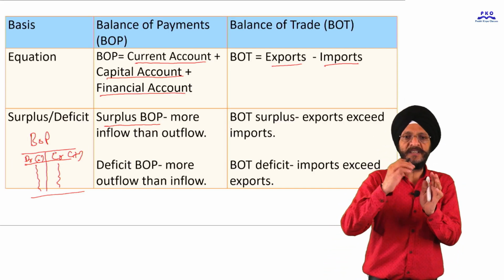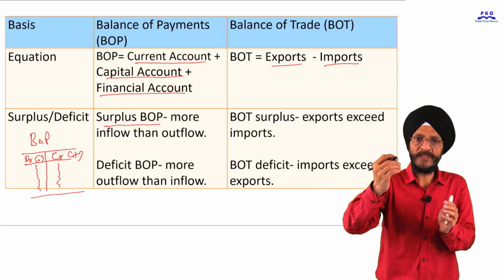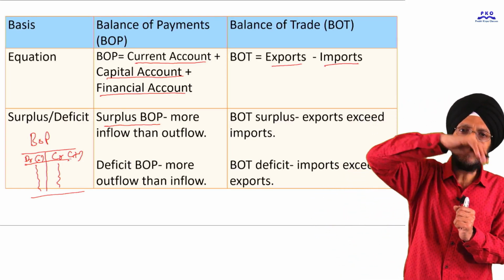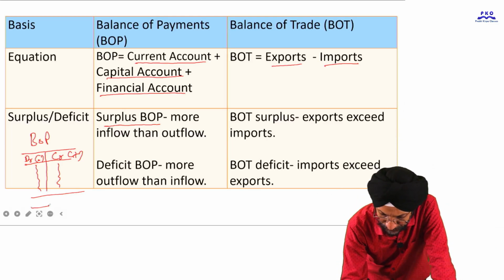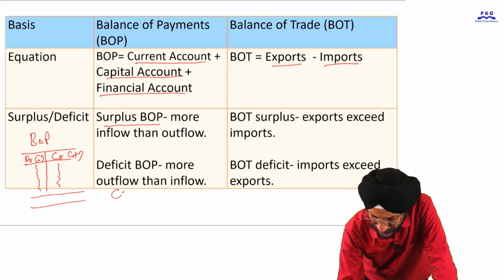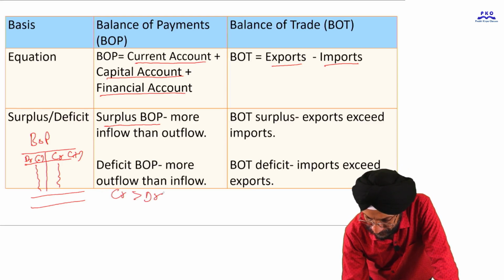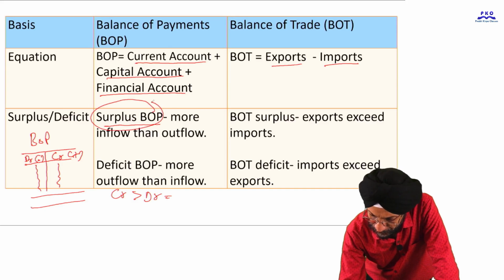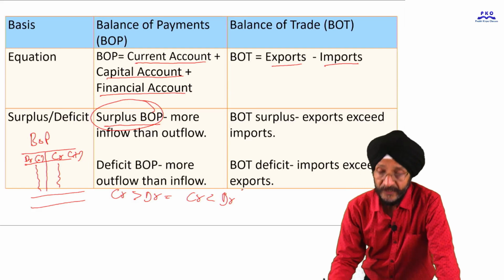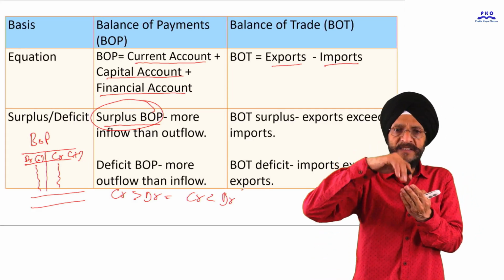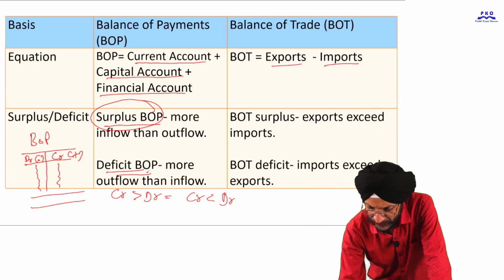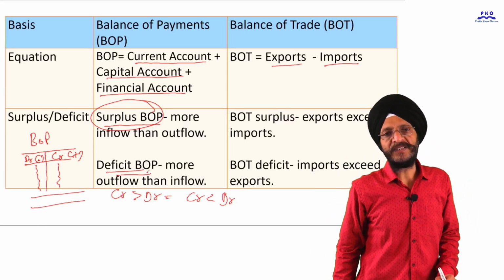All the items which result in inflow of foreign exchange are recorded on the credit side, and all the transactions which result in outflow are recorded on the debit side, and we make a total of the debit side and credit side. If credit side is more than debit, it is surplus BOP, and if credit is less than debit, that is, inflow is less and outflow is more, then it is deficit BOP, deficit balance of payment.